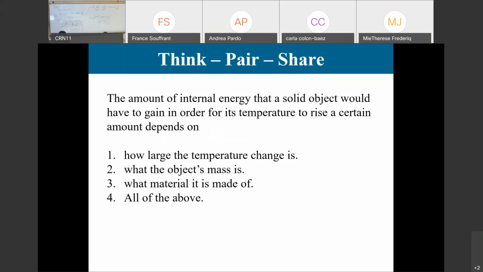The amount of internal energy that a solid object will have gained in order for its temperature to rise a certain amount depends on what?